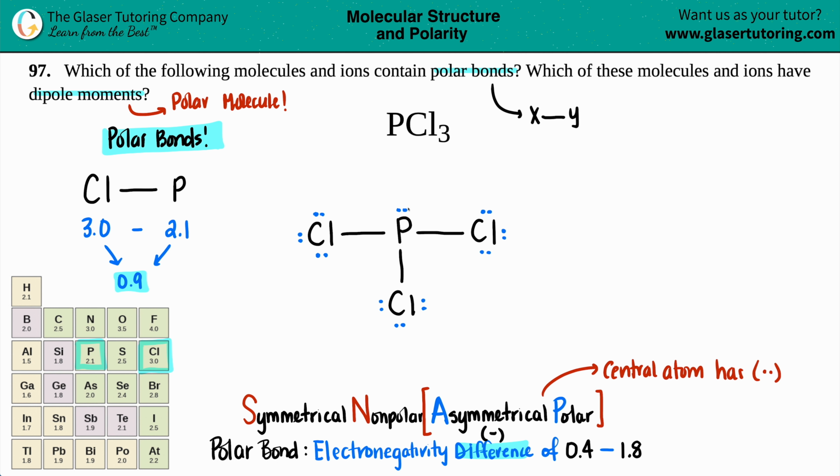So right from the gate, I see that phosphorus has the 2 dots, and I don't need to look any further. I know that this is a polar molecule. And if it's a polar molecule, it's got to have a dipole moment.